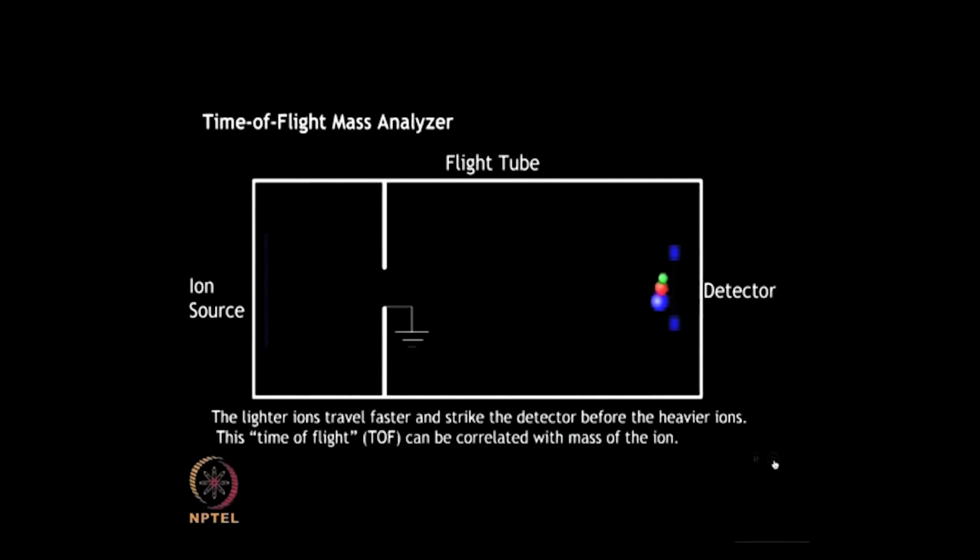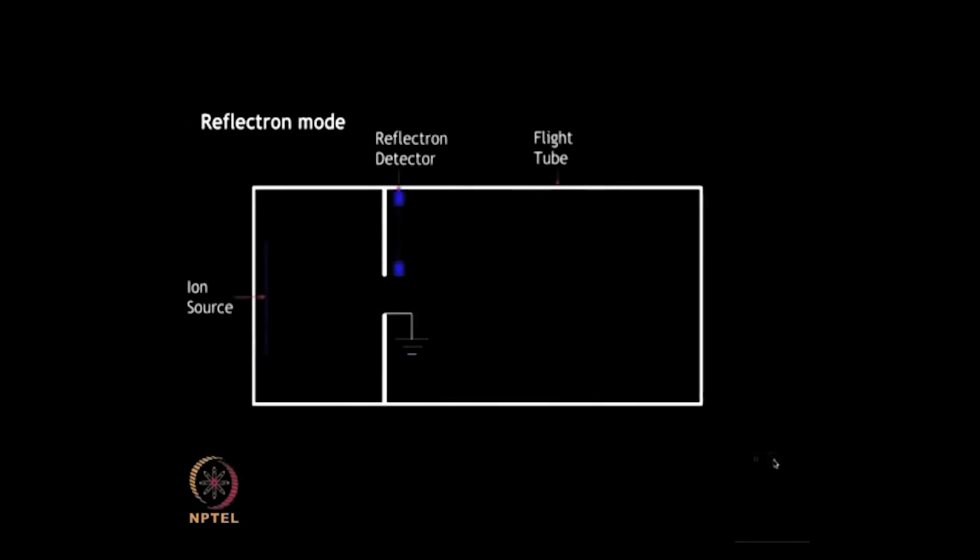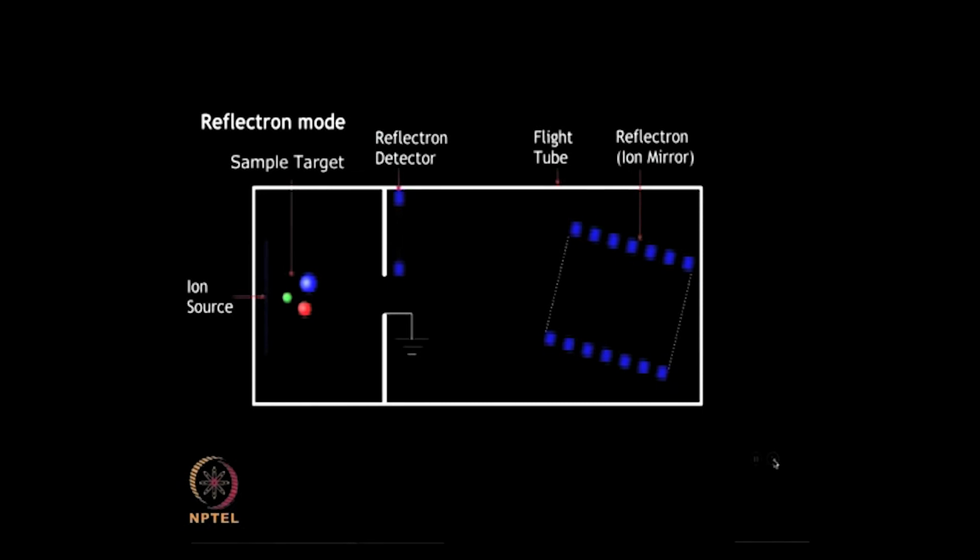As we talked about earlier, the TOF analyzer can also be operated in the reflectron mode. This is more commonly used for proteomics studies. A reflectron, which acts as an ion mirror, is incorporated at one end of the time of flight tube. This helps in extending the path length, and in turn the flight time of the ion, without having to increase the actual size of the instrument.